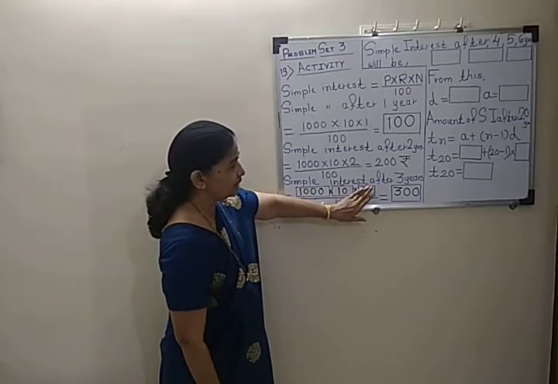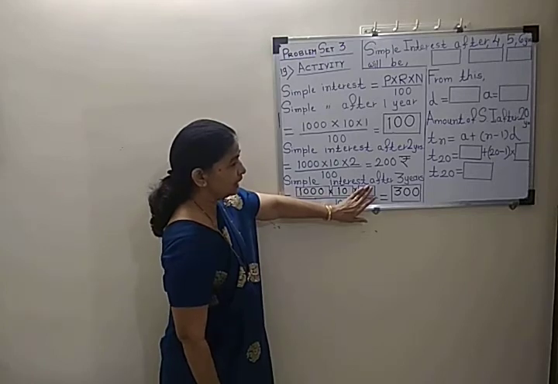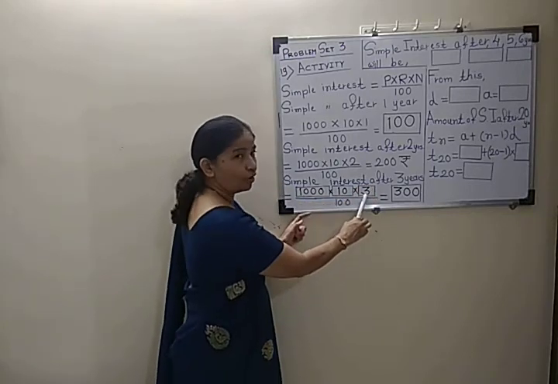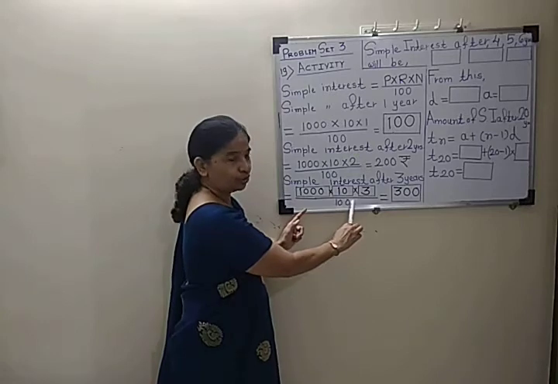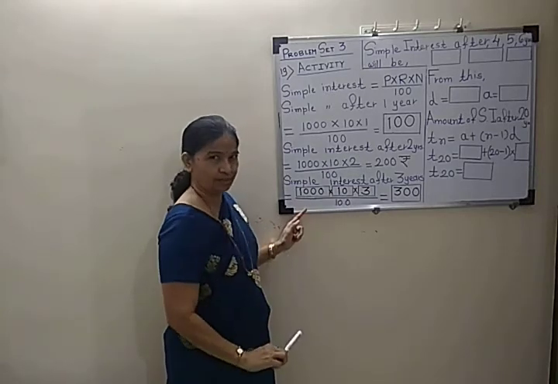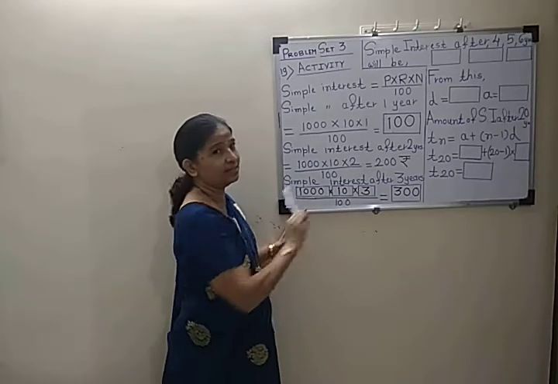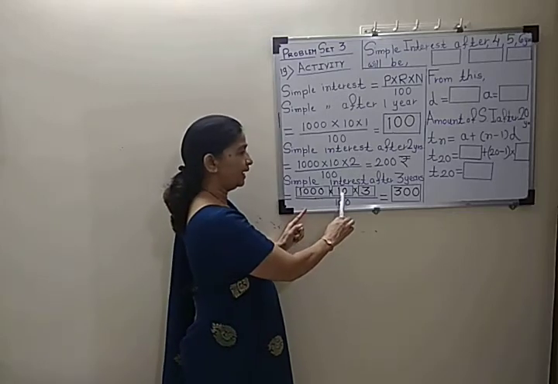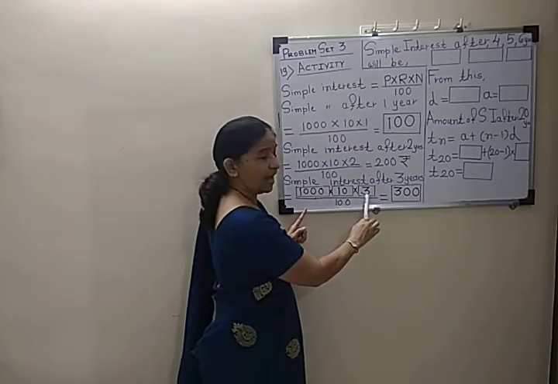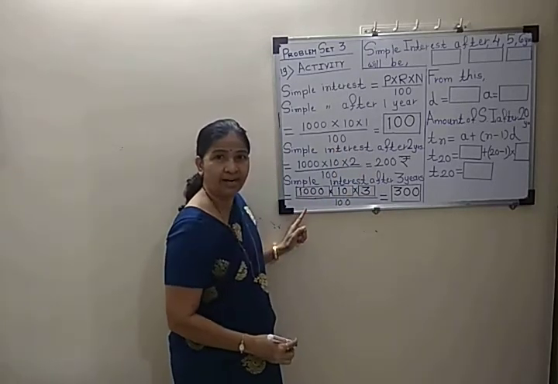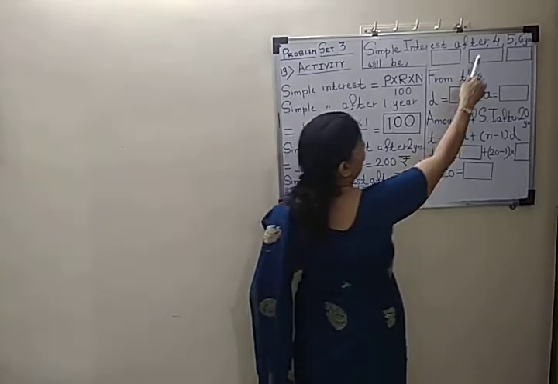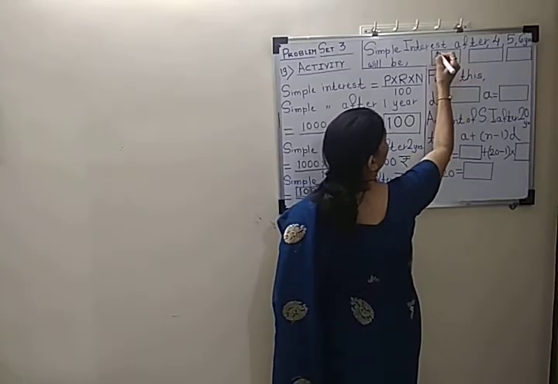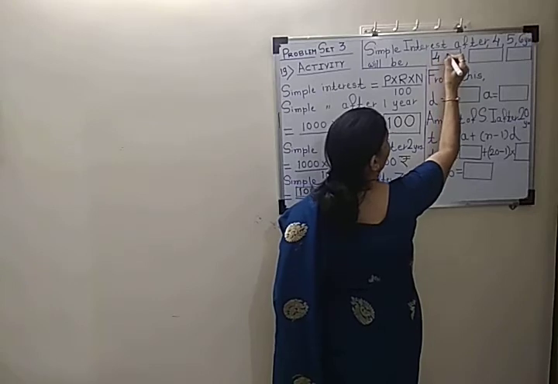Just write in place of 3, substitute here 4. So these 2 zeros will get cancelled. 10 tens will come as 100. 100 fours will come as 400. So after 4 years, it will come as 400.